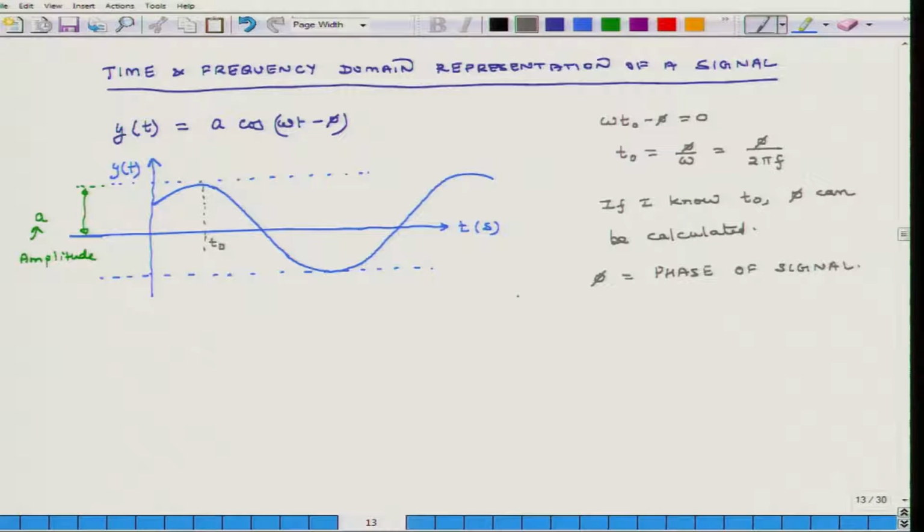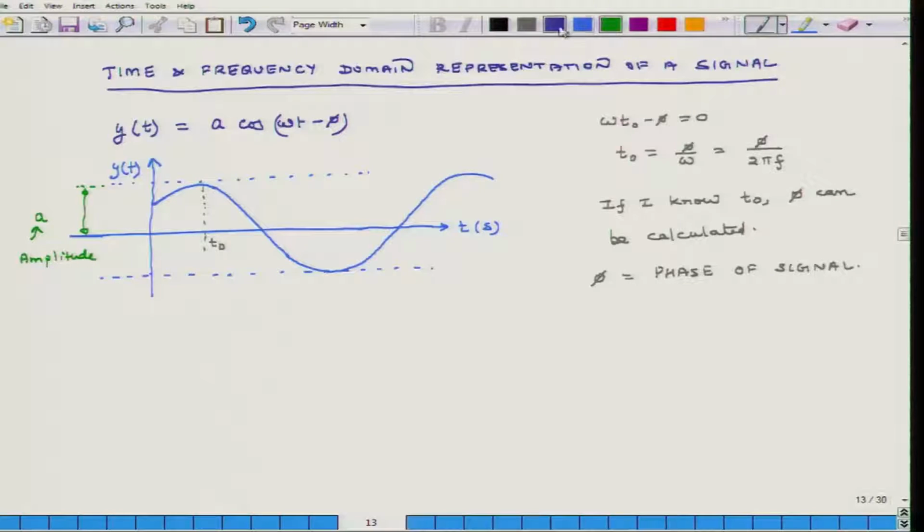The third thing is, from this waveform we know that this waveform repeats itself after T seconds, right. So, this distance, the distance between two peaks is T. So, T equals what?